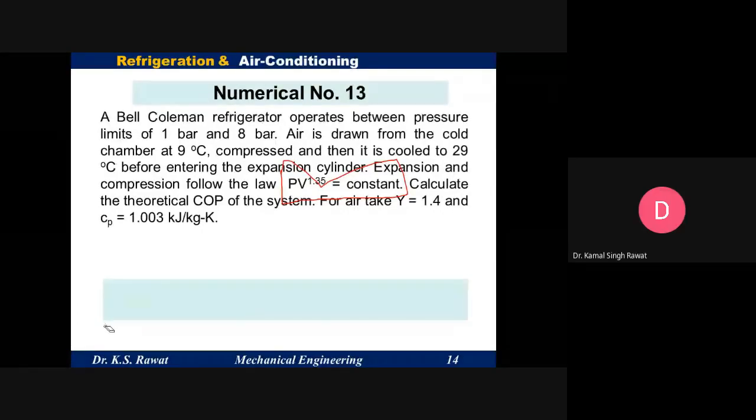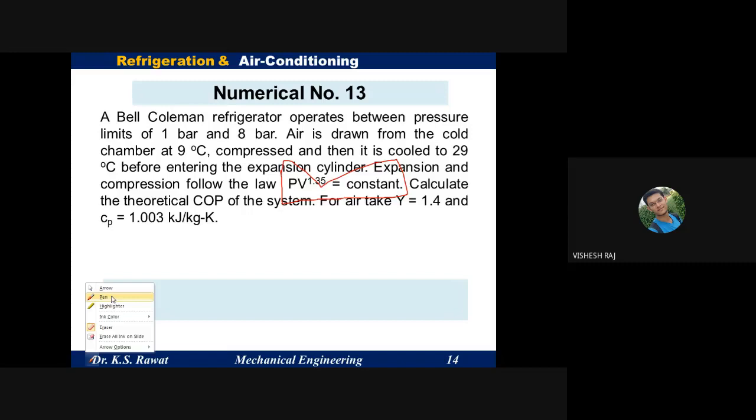Yes, can you calculate the value of COP? My voice is clear? Yes, sir. Can you calculate the value of COP? Yes sir. How? टेम्परेचर निकालेंगे सर पहले सारे.